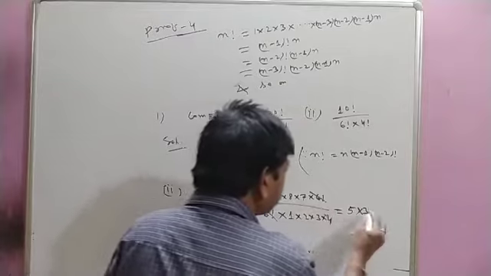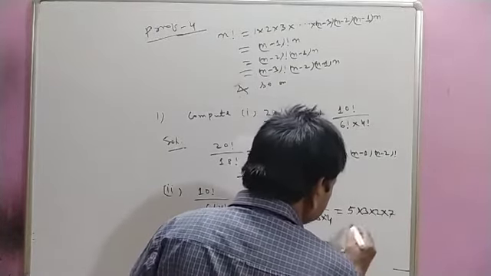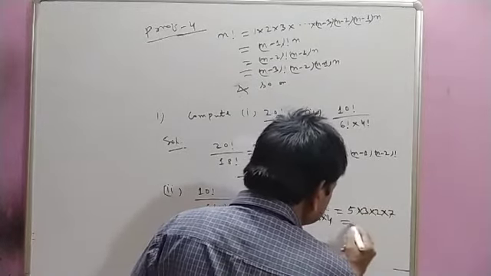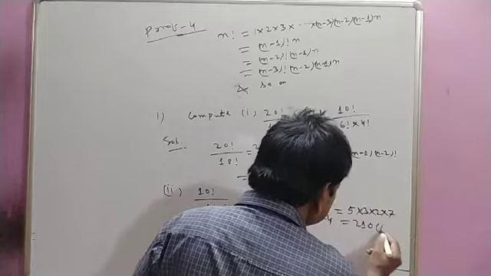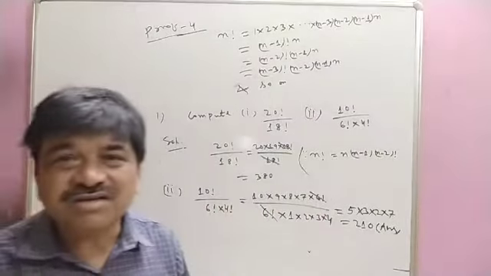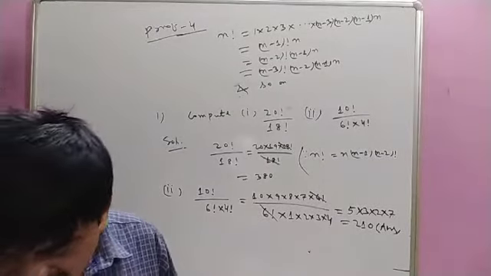Then 4 into 2 is 8, so it is 2. Then into 7. Now this becomes 5 into 3, 15, into 2 is 30, into 7, so it is 210. This is your answer for the second bit. Everybody clear? So let us switch over to the next question.